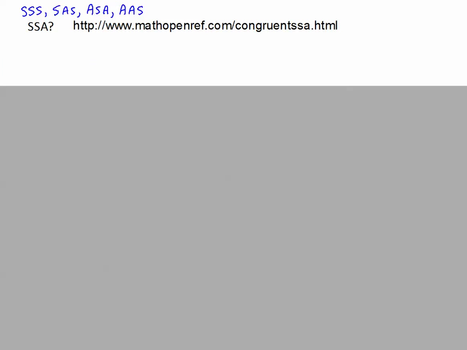Now let's go back to this picture for a moment, or SSA that I have here. So what I'm showing you is side congruent to side, second side congruent to second side, but instead of the angle being between, like SAS, like this one, it's not between, it's after. So these are different, two sides and an angle, but where the angle is placed is very important.